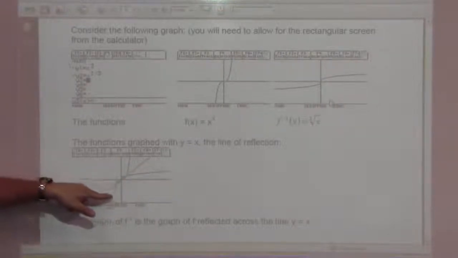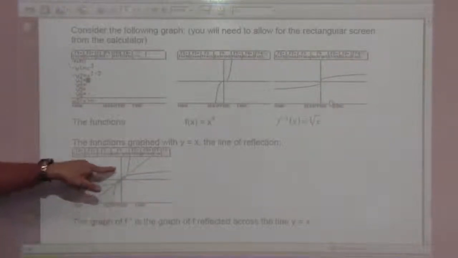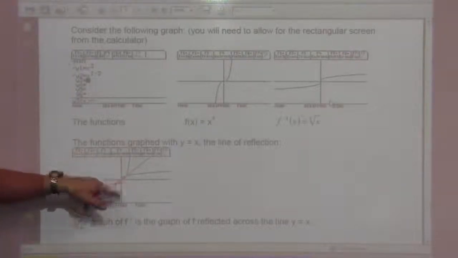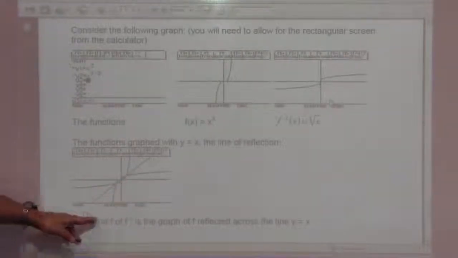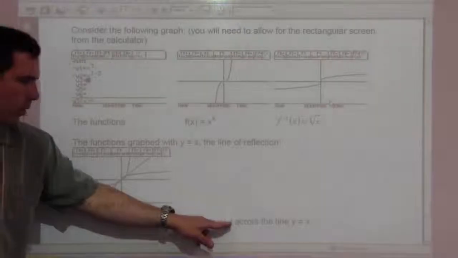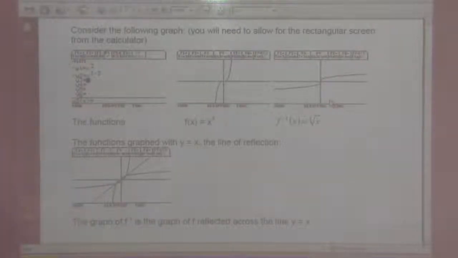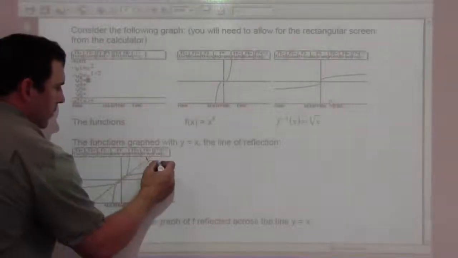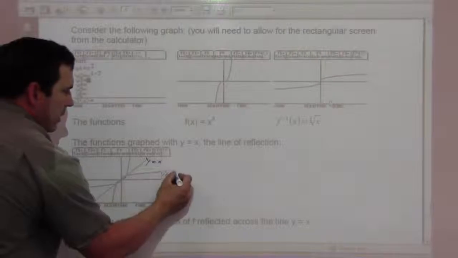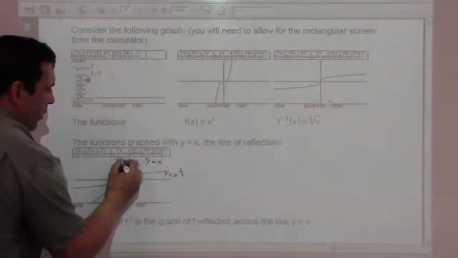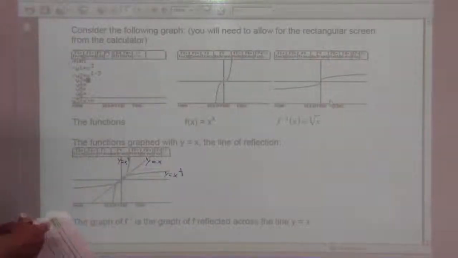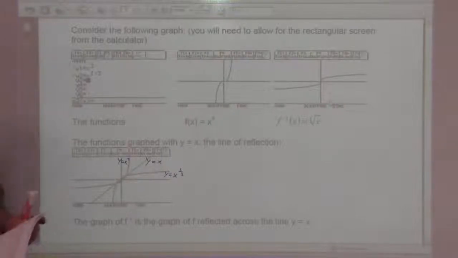So this point is reflected across there, there, and there. So the graph of f inverse is the graph of f reflected across the line y equals x. Here's y equals x. This is y equals x to the 1/3. This is y equals x cubed. Okay.